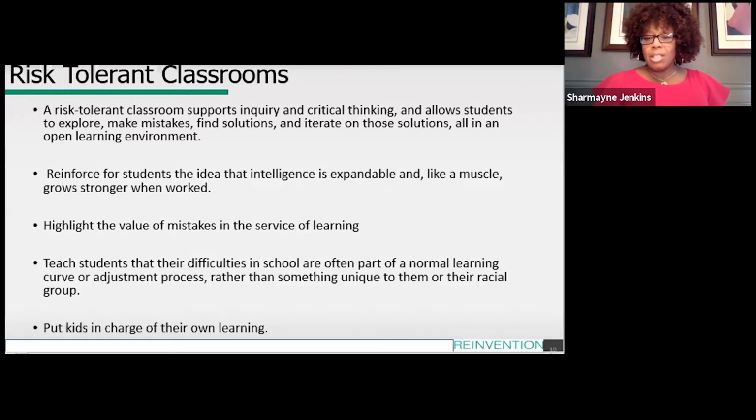So our kids are not alone. It might be a unique type of concern, but they're not unique in that they have concerns around belonging. So, these are some strategies that you can use in the context of risk-tolerant classrooms and stereotype threats.